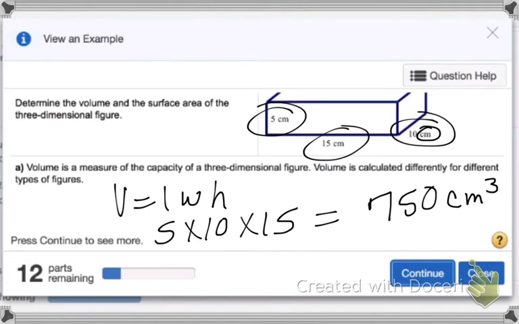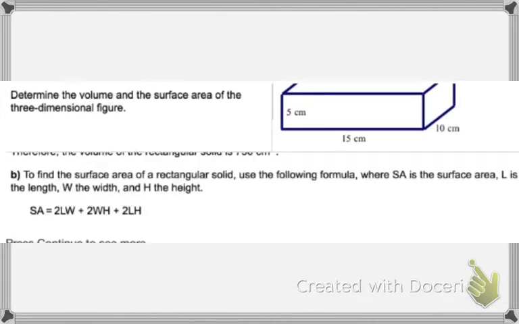So that's 750 centimeters cubed. And then remember the formula for surface area, which was given to you by MyMathLab. The formula is right here. The formula can be a little bit confusing, but what it means is exactly what I just told you a second ago. So 2 times length times width: you're multiplying length times width, and then multiplying that by 2.